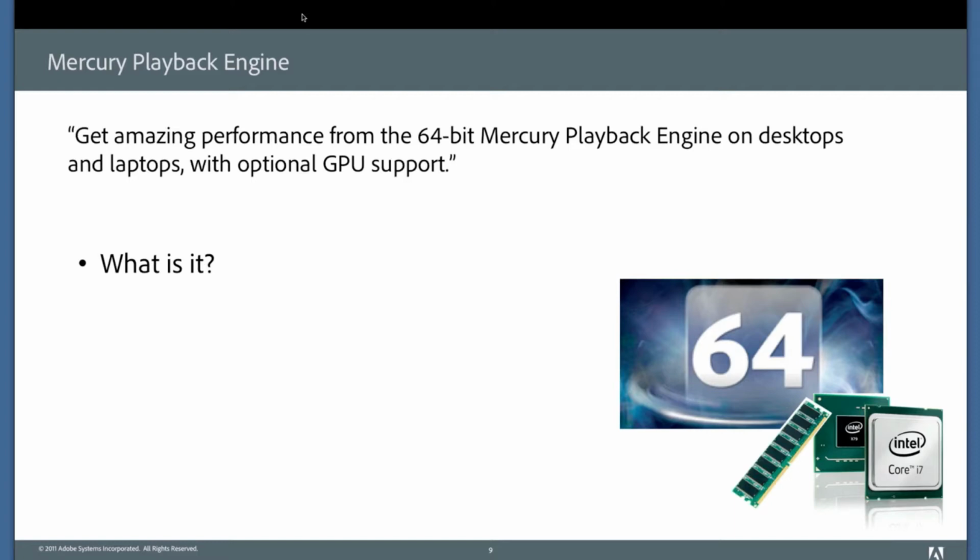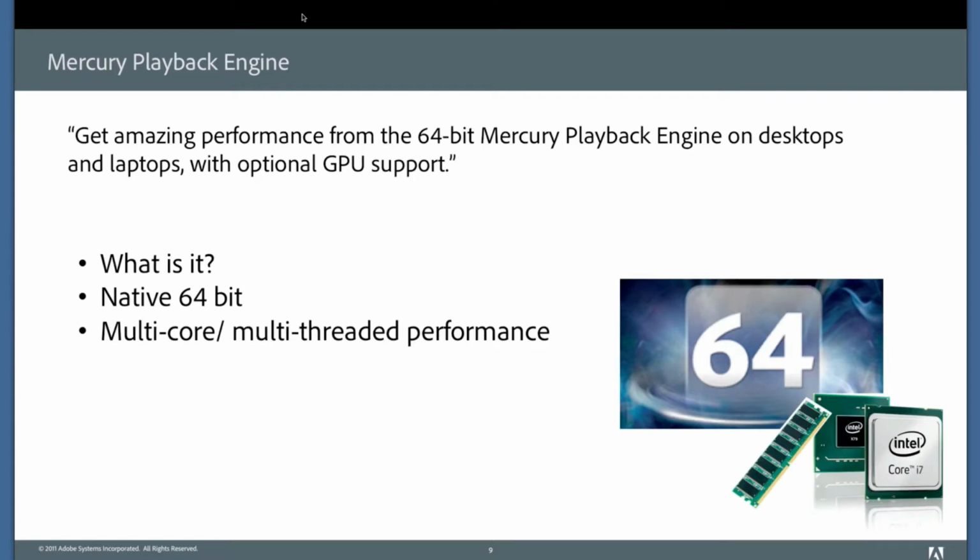So what is it? What Mercury Playback Engine is really all about is harnessing the native 64-bit operating system with a native 64-bit application like Premiere Pro, and having the ability to wring out all the performance in a multi-core, multi-threaded machine, utilizing all the RAM that you have.